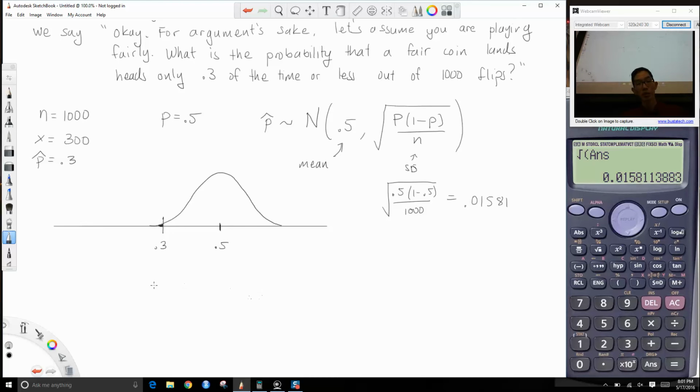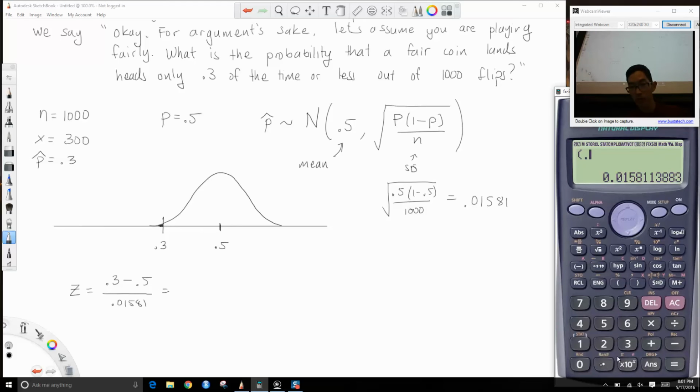All right, what's the z-score then? We would do 0.3 minus 0.5 divided by 0.01581, right? Okay, and what does that come out to be? Oops, that's not right.